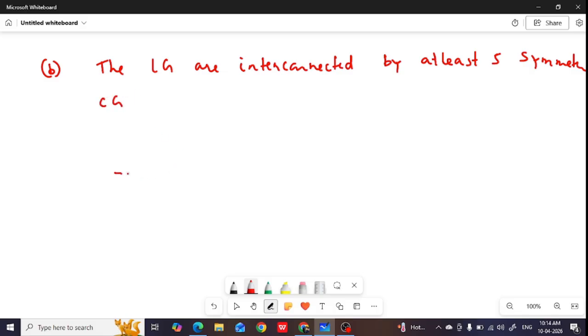So here the span of the longitudinal girder is 30 meter, and at a distance of 5 meter cross girders are provided. So it will be 5 cross girders, because at 5 meter interval the cross girders are provided. This is the cross girder, this is the second cross girder, third, fourth, 5. It will be more than 5. Okay, so the second condition is also satisfied.